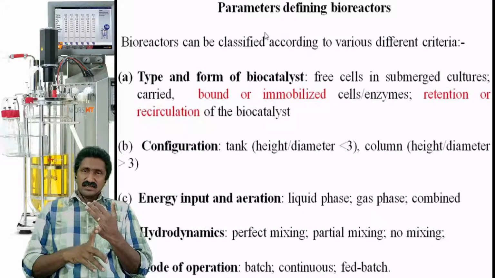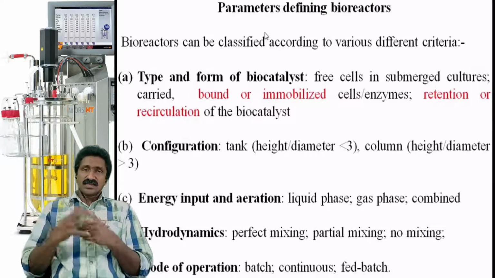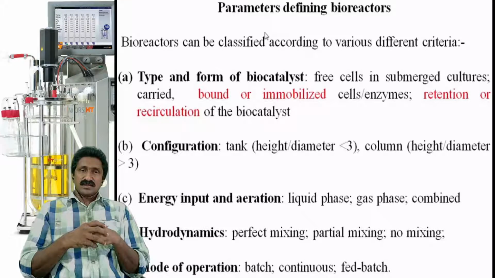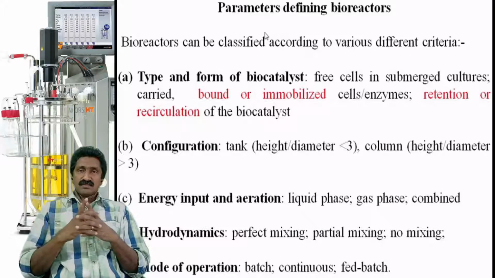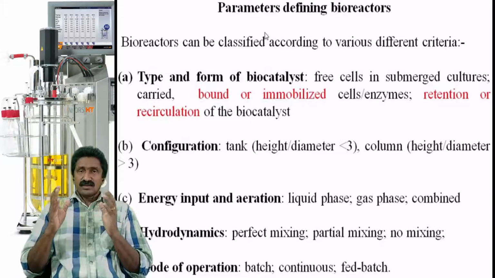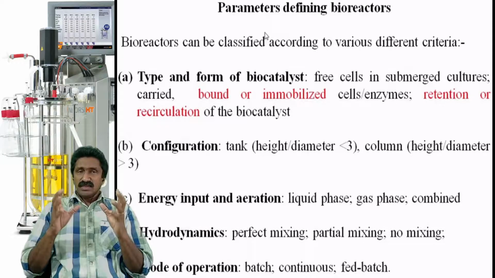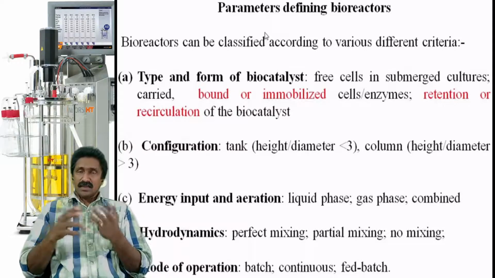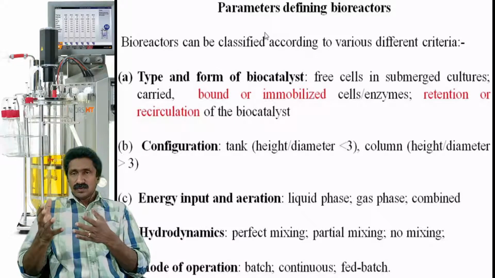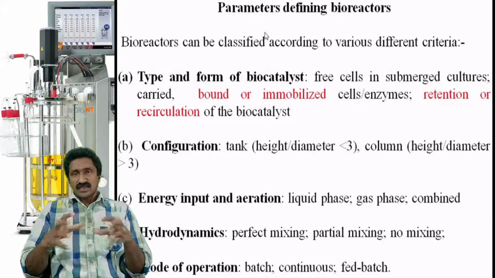That's one criterion: free cells in submerged cultures, then carried, bound or immobilized enzymes, then retention or recirculation of the catalyst. That means, for example, if you have a free cell as a biocatalyst, then you will use a submerged culture system where you can easily grow the cells and agitate.